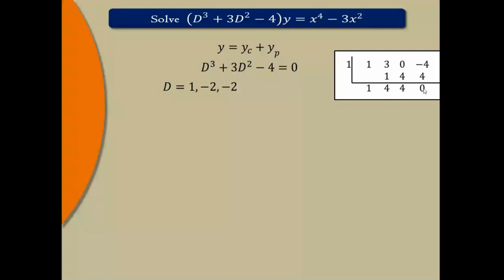In synthetic division this last term has to be 0. If it is not 0, then somewhere we have made a mistake. So carefully write down the coefficients. If any term is absent, don't forget to write its coefficient. Get one root which satisfies this equation properly, and then use the synthetic division. So D equal to 1 is one of the roots.